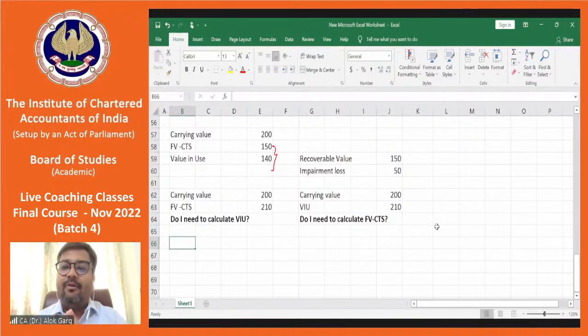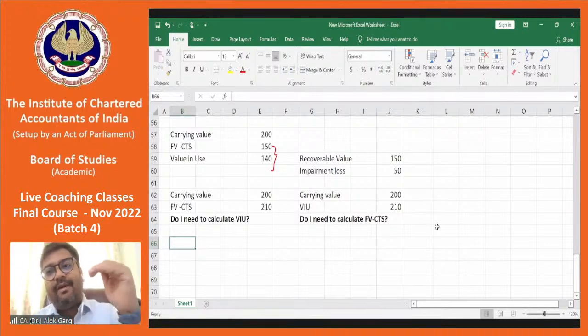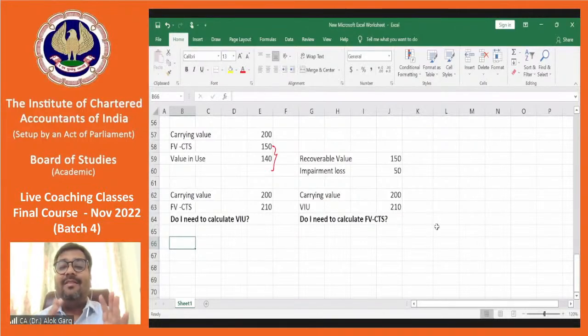Your recoverable value will not go less than 210. Even if the value in use is, let's say, 100 rupees, you still have to take the higher value, which is 210 rupees. So the minimum level is defined already, and this minimum level is more than your carrying value. In that case, there is no need to calculate your next leg.